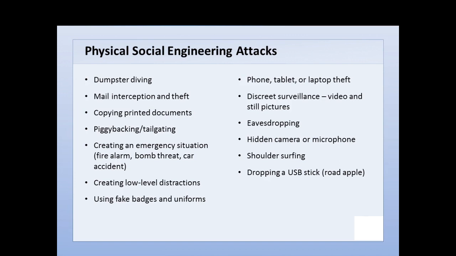People find it, pick it up, take it inside, and obviously they naturally stick it in their computer to see what it has on it, and it has malware on it, something the user doesn't see or detect until it's too late. So all of these physical social engineering attacks can be used to get information and get people to do what they want them to do. And they're part of the whole social engineering methodology we've talked about up until this point.